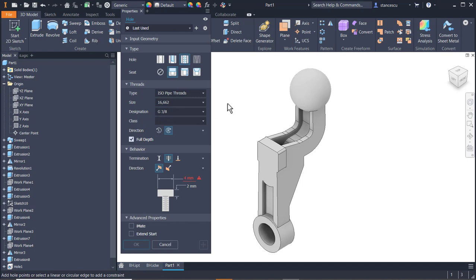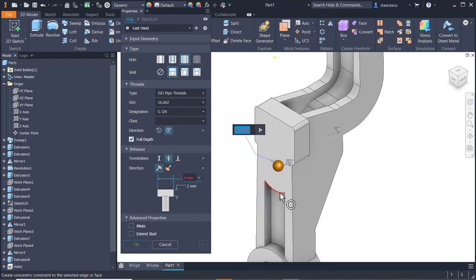Yes, it is. On this face, centered on this arc, this diameter is 18, as I said. The depth tab is 27, and all others are okay. Okay.